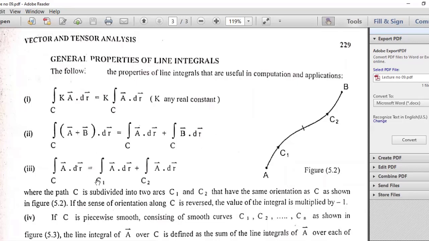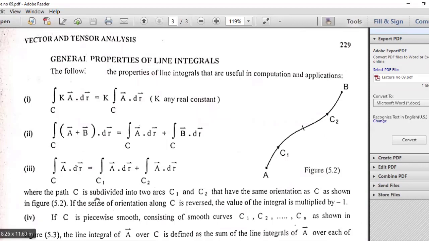And similarly, when we have curve C in two parts, from A to this point is C1 and this point to B is C2, then we also take a partition: the integral of A dot dr over the total curve C is, first from point A to this point, the integral of A dot dr over C1, plus the integral of A dot dr from this point to this point, which is C2.